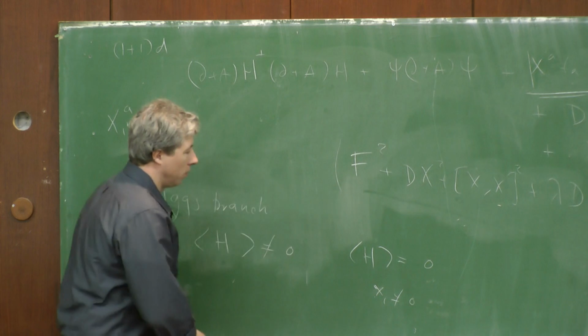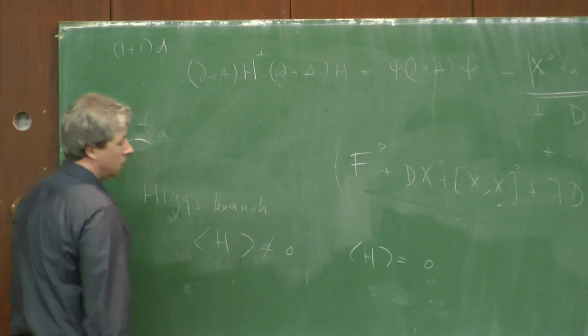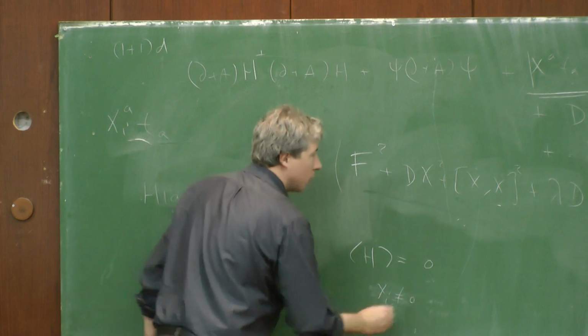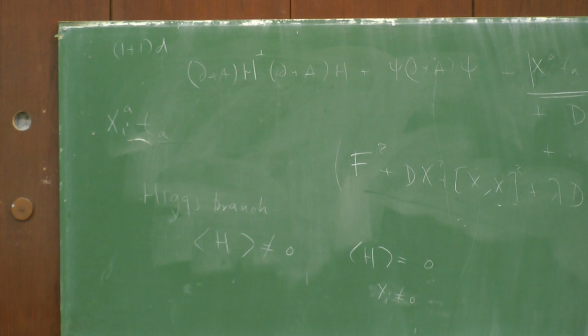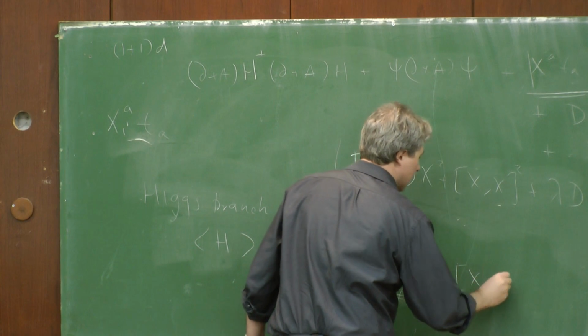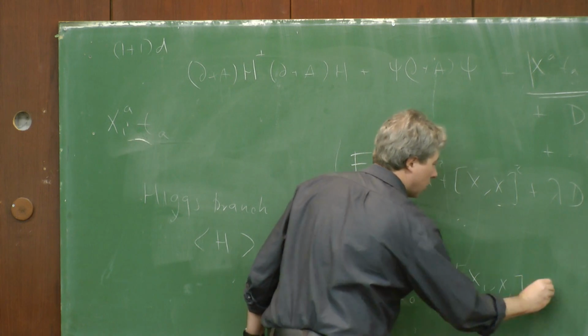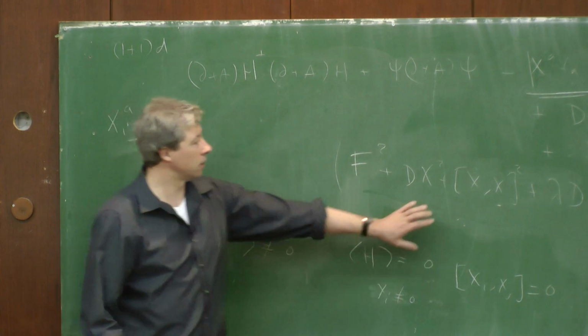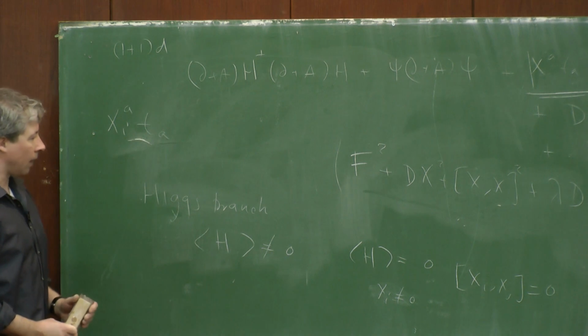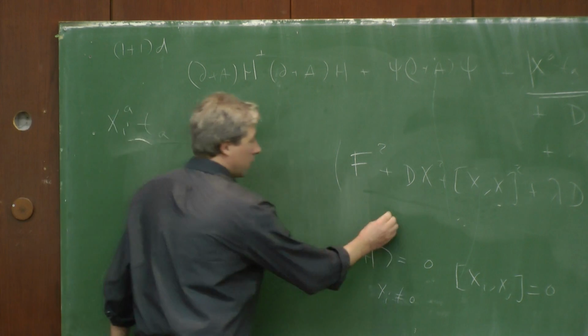That means I'm moving the D0 branes away. But here I've also imposed the condition that these xi's commute by putting this potential to zero. Now, this is then called the Coulomb branch.